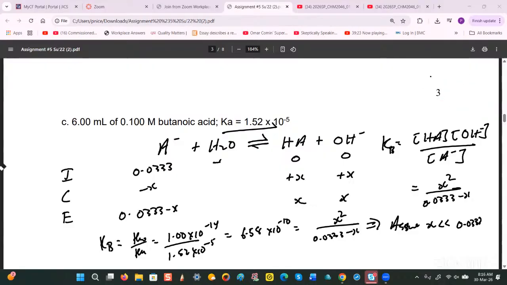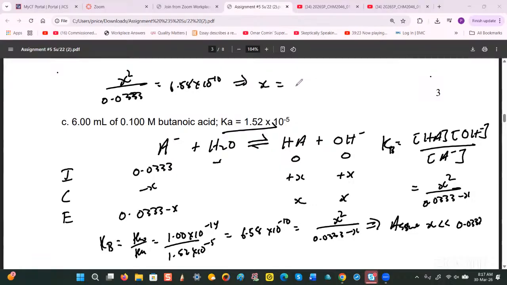Okay, so if we make that assumption that X is small compared to 0.0333, then this equation simplifies to X squared over 0.0333 is equal to the Kb, which is 6.58 times 10 to the minus 10.